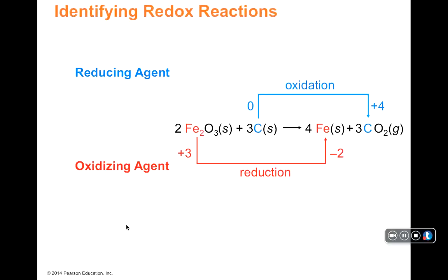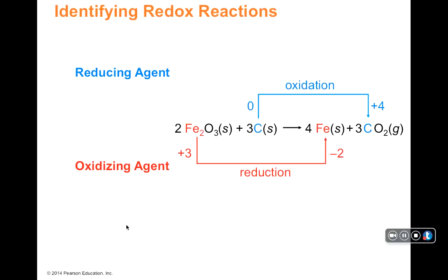And then if you look at your carbon, carbon is in its solid natural state, and so its oxidation number is 0. If you look at carbon in the carbon dioxide gas that's formed, so if we look at that CO2, oxygen's oxidation number is -2. There's 2 of them in that compound, so the total charge on oxygen is -4.